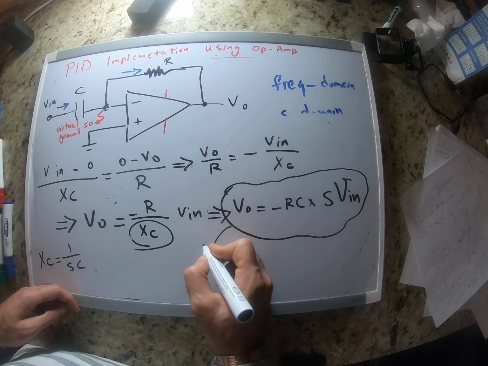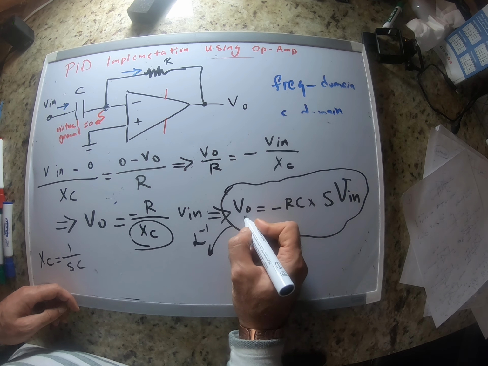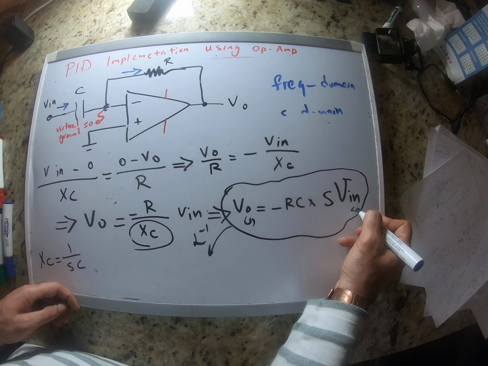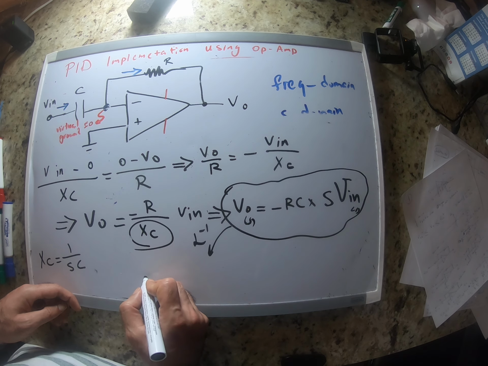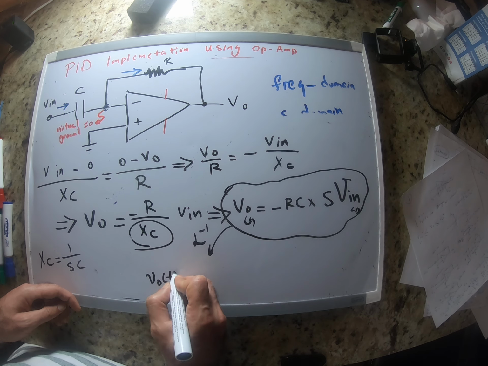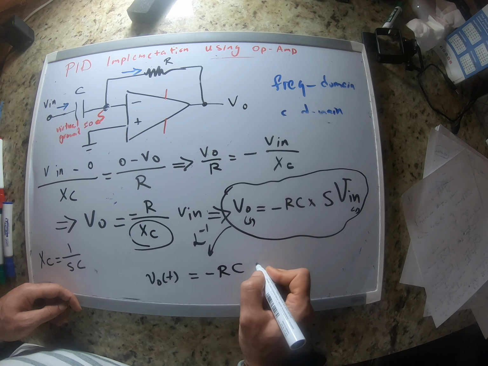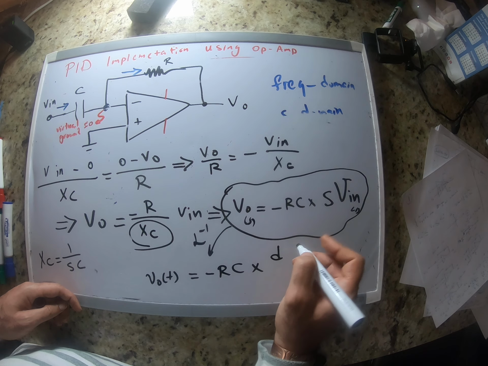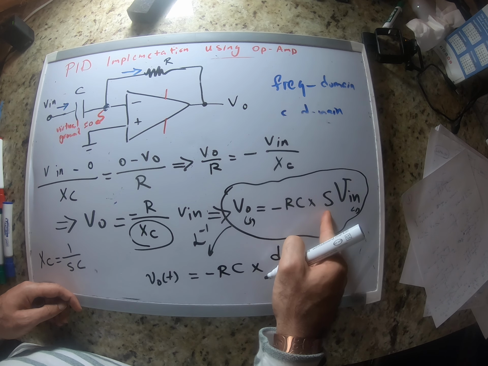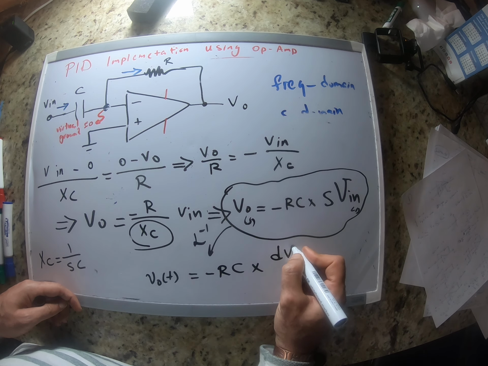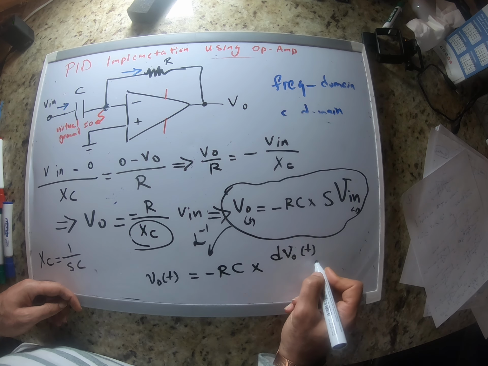Again, this is in the S domain. If I take the inverse Laplace transform of this one, it means VO of t is equal to negative RC times, this is a derivative, right, times dVin of t over dt.